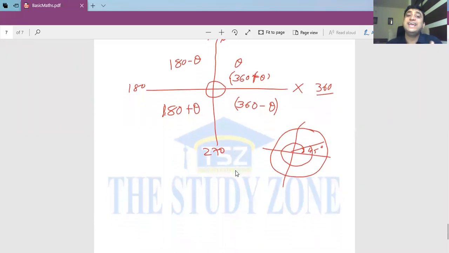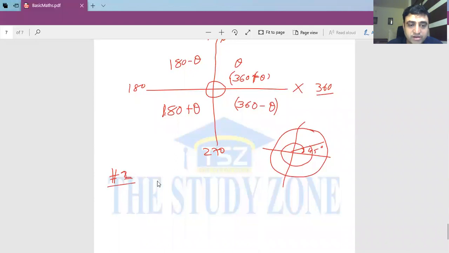Now suppose you have an angle in any of these four angle formats. Like in the previous one we had 90 minus theta, 90 plus theta, 270 minus theta, 270 plus theta. But suppose we have an angle in any of these four formats, for example 360 plus theta, 360 minus theta, 180 minus theta, 180 plus theta. Then again there are two rules.